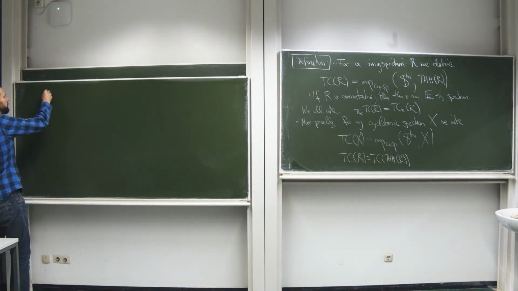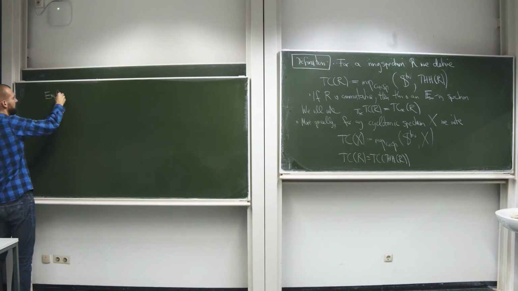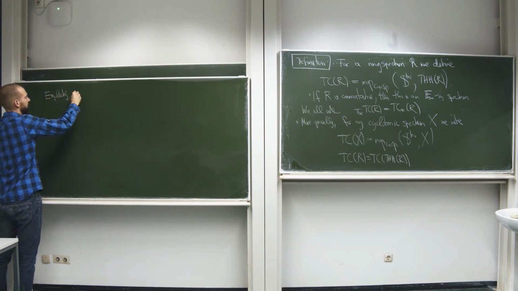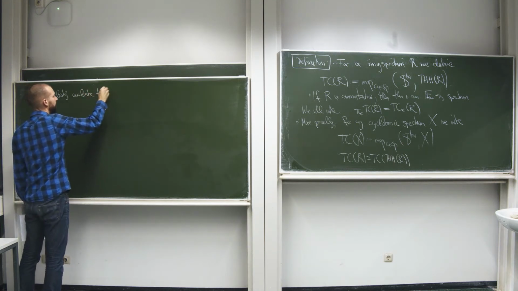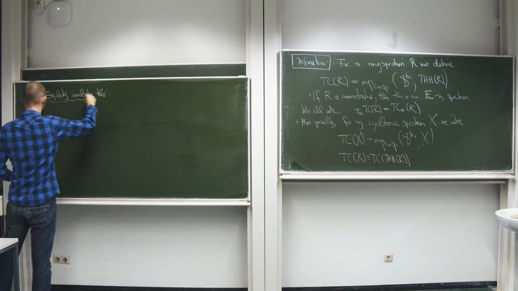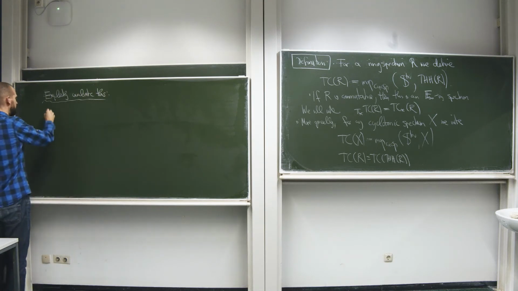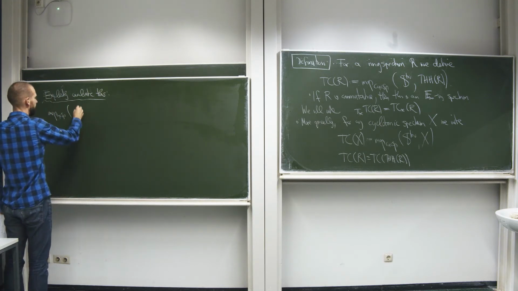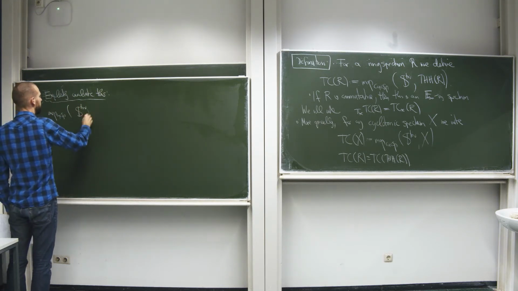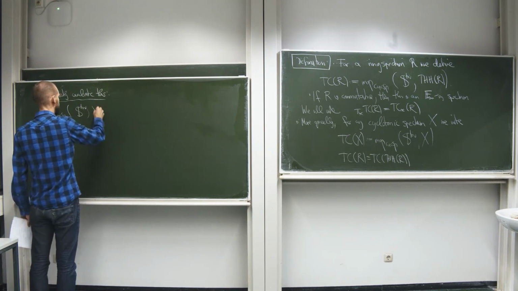And now I want to explicitly evaluate this formula. So what is the mapping spectrum in cyclotomic spectra from S trivial into X?